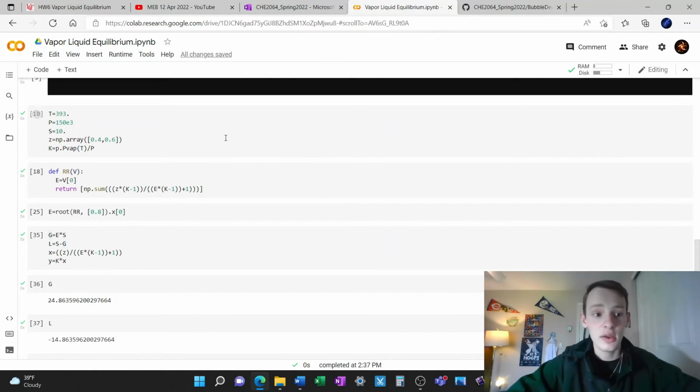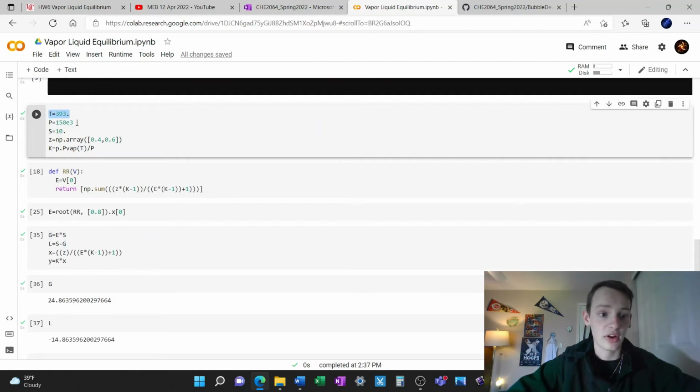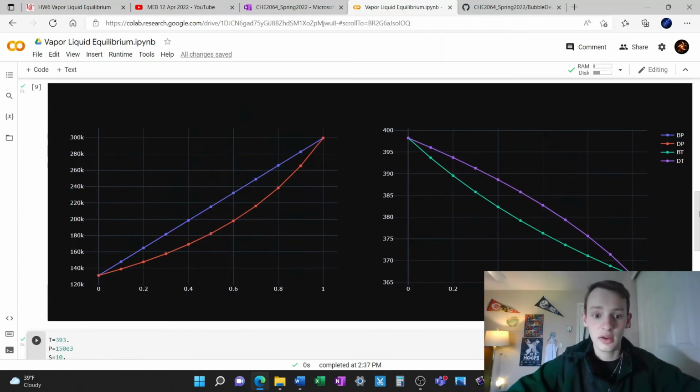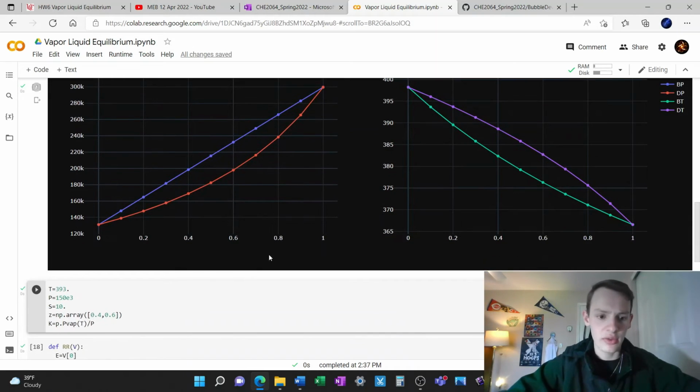Fortunately, because we used this temperature and this pressure to generate our plots up here in a previous video, we can actually use these to see if my hypothesis that we have only vapor in our flash drum is correct. On our x-axis, we were talking about the mole fraction of the more volatile component.